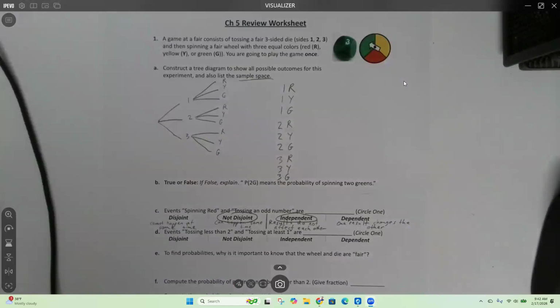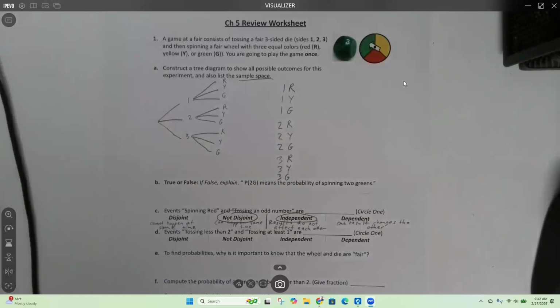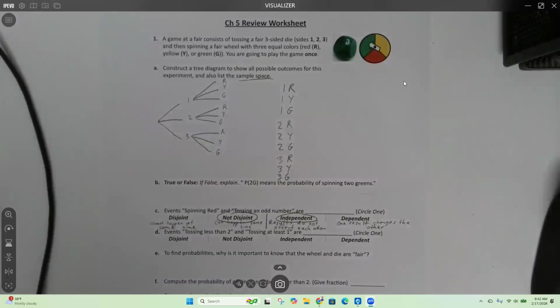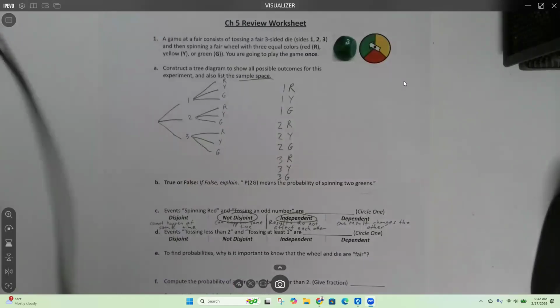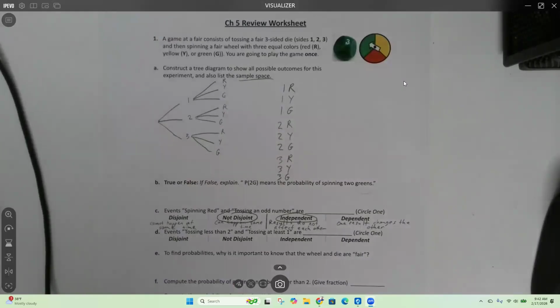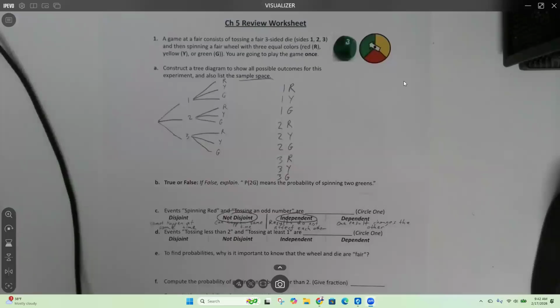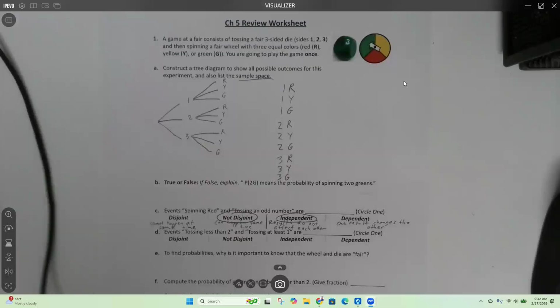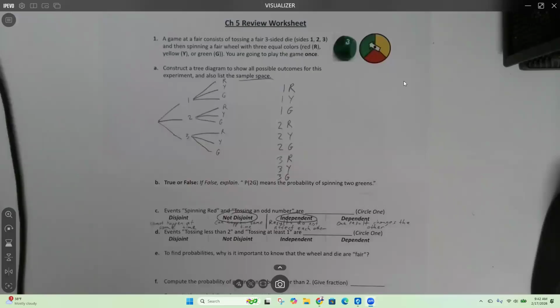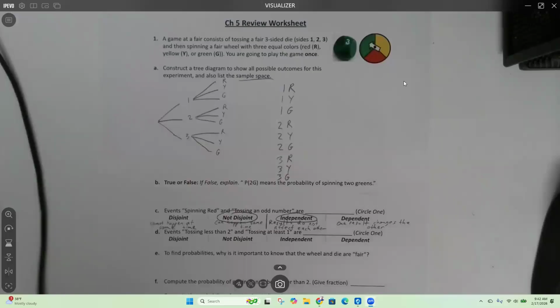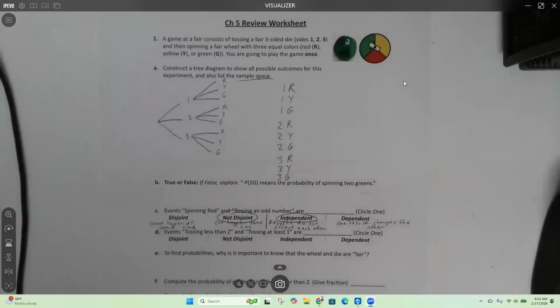Okay, question D. Events: tossing less than a two and tossing at least a one. Are those disjoint, not disjoint, independent, dependent? Rachel says not disjoint. So can those happen at the same time? Can you roll less than a two? Less than a two is a one, right?